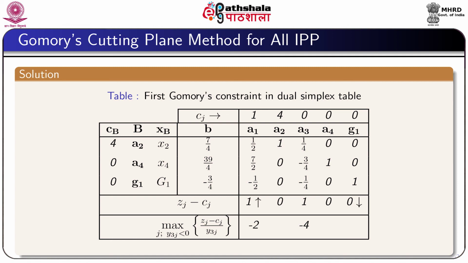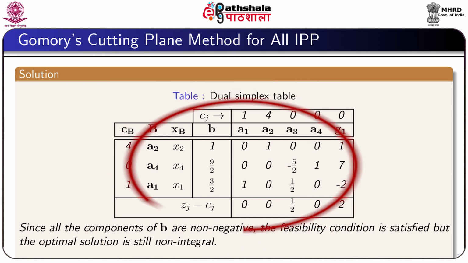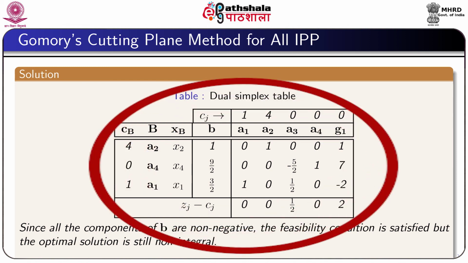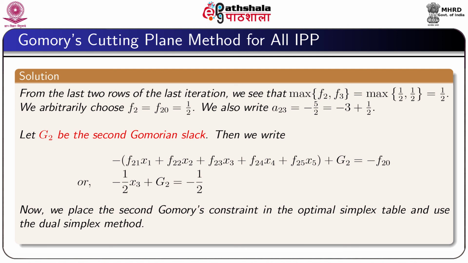So, the departing vector will obviously be G1, and then from the maximum ratio we find the entering vector as A1, and then proceeding, ultimately we see that all the components of B are now non-negative in this table, and therefore, the feasibility condition in the dual simplex method is satisfied, but the optimal solution is still not integral, because it gives x1 equal to 3/2, whereas x2 equal to 1.